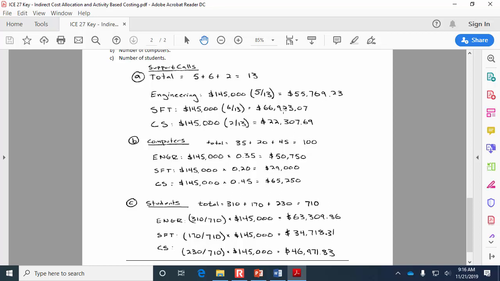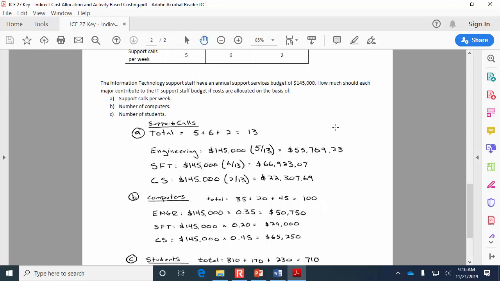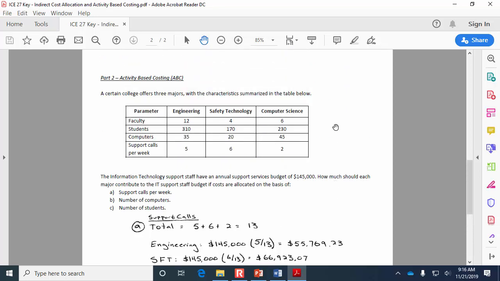And so, maybe the fair way to do it would be to come up with a weighted model that used all 3 approaches and somehow took the average of the 3 different costs that each one would have to bear. But the main idea of activity-based costing is that when indirect costs have to be recovered, you'd use their underlying activities as the basis for the allocation.